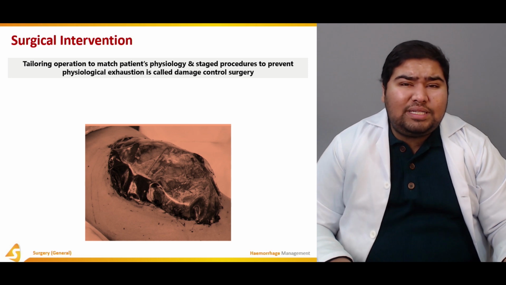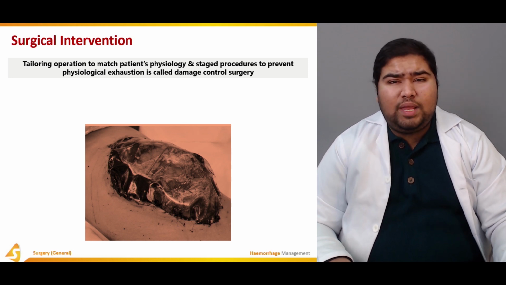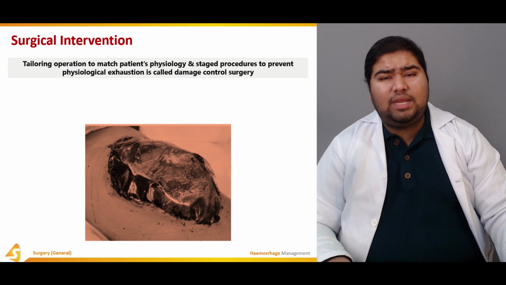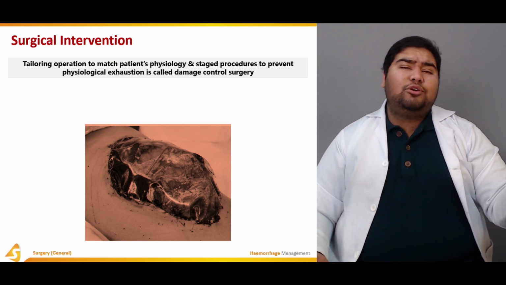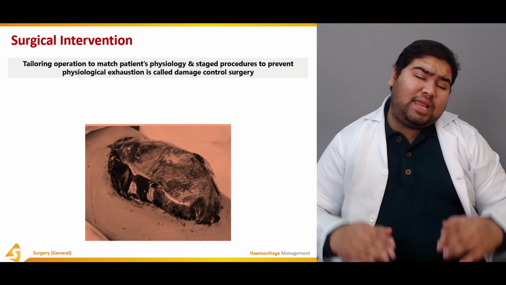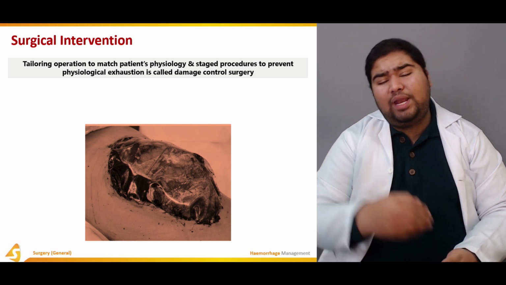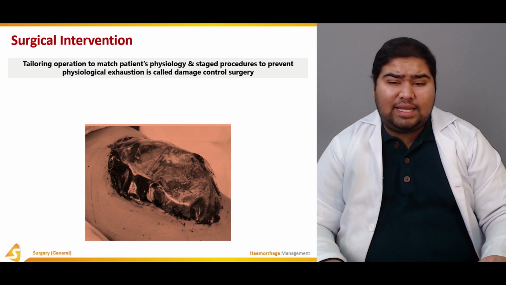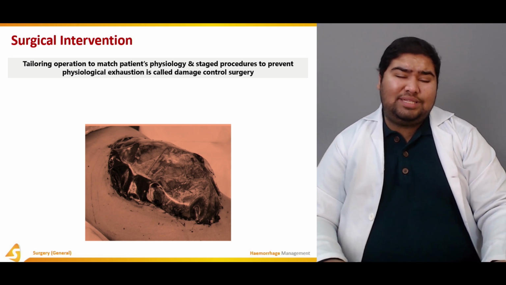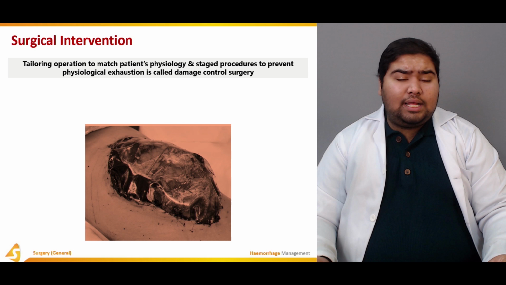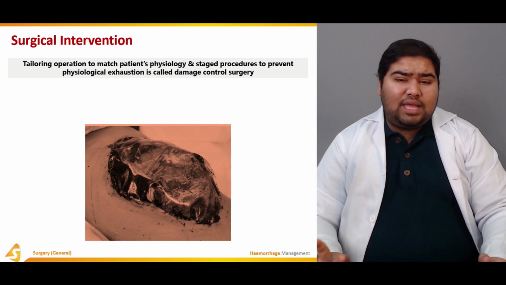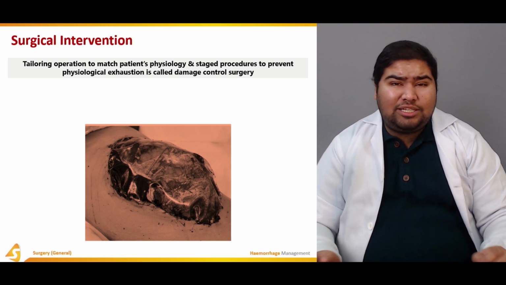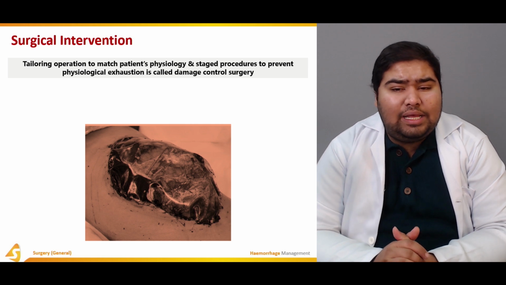And if you use a tailored procedure to control bleeding, you go in, you control the bleeding, and you leave everything else out. You just control the bleeding and you let your patient heal, and then you go in afterwards to correct whatever deficit has been created. This is known as damage control surgery. So, damage control surgery is a tailored operation to match the patient's physiological needs.